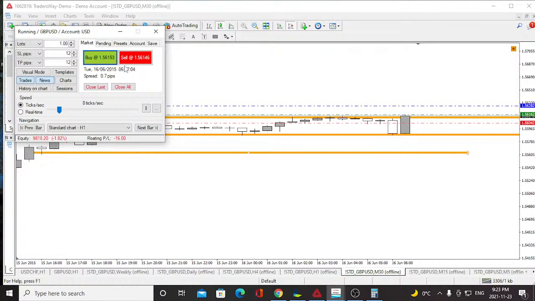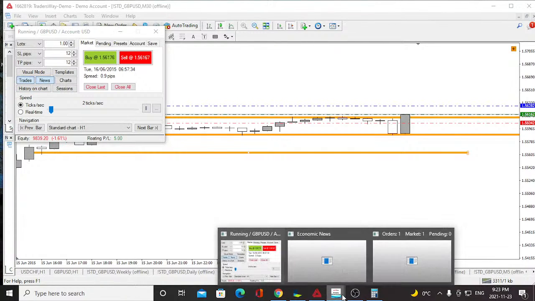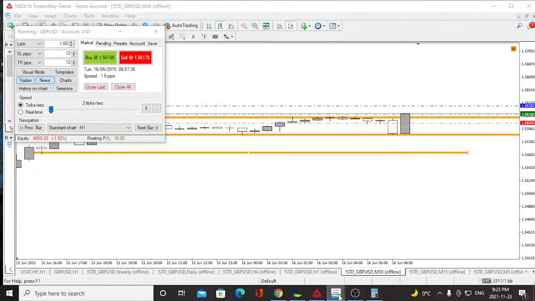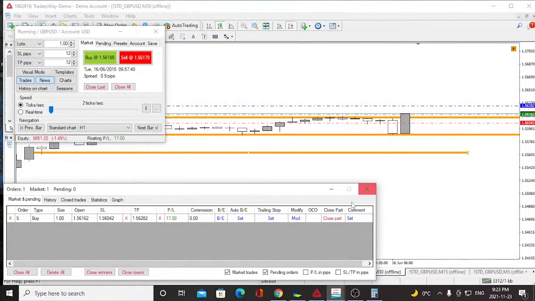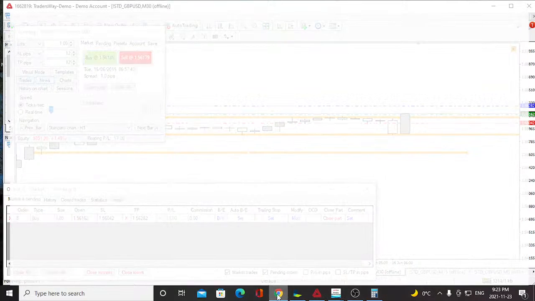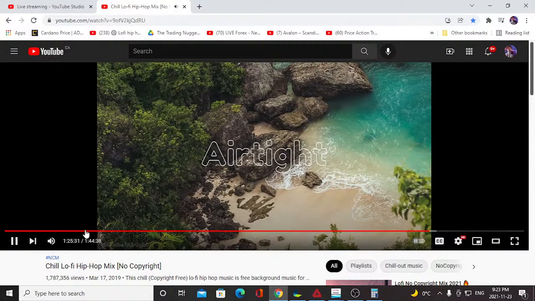I'm pretty confident in this setup in particular. So let me slow it down to be able to understand what's taking place, as well as let me open this up and turn on that.